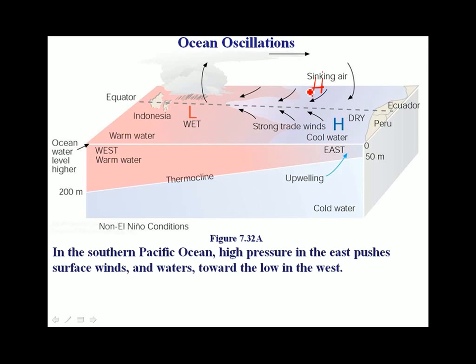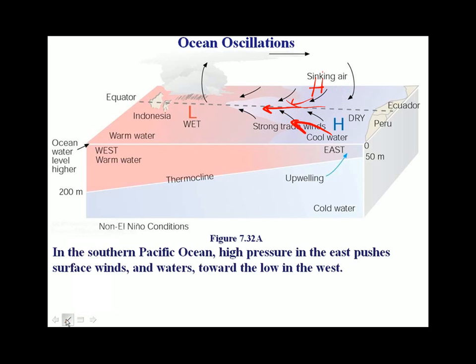Remember, air flows from high pressure to low pressure, so the wind direction in this schematic is going from east to west. And during a normal condition, not El Nino or La Nina, you have very light surface winds moving water from east to west.